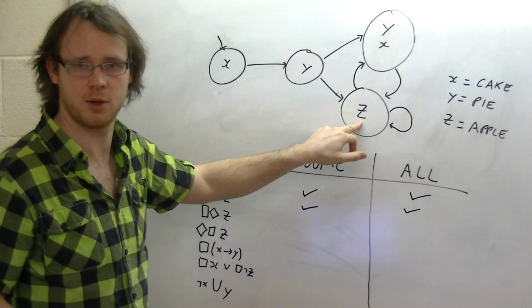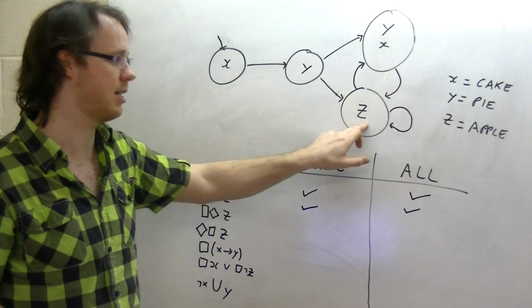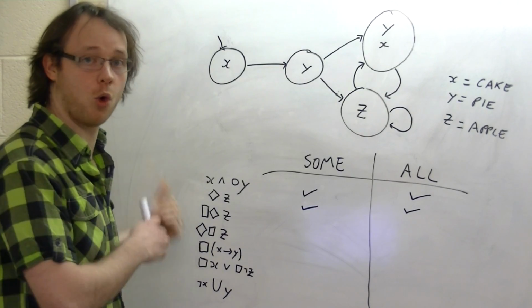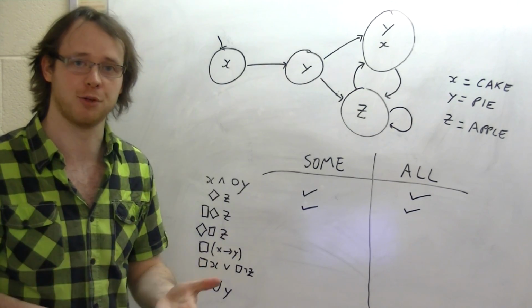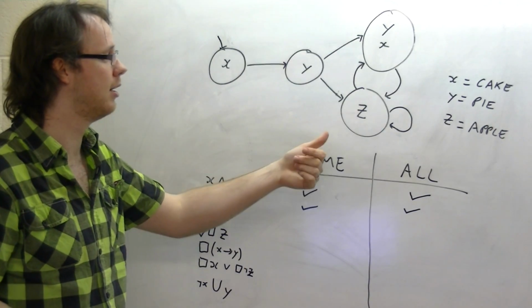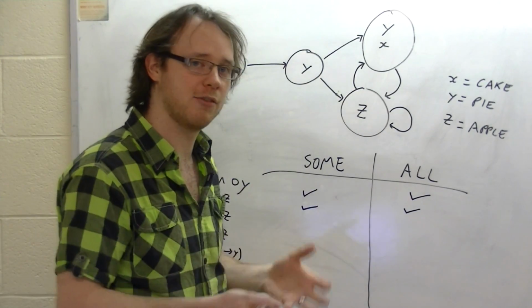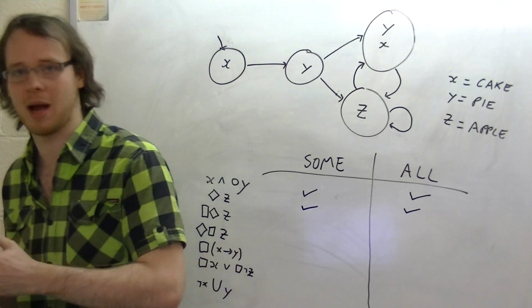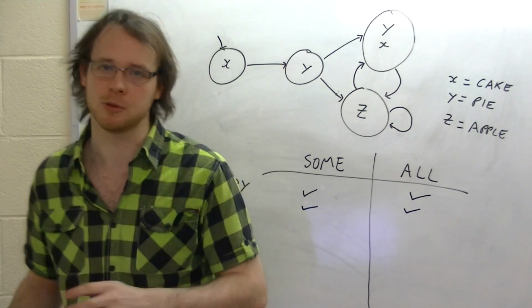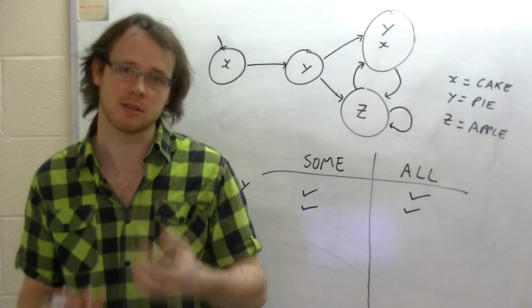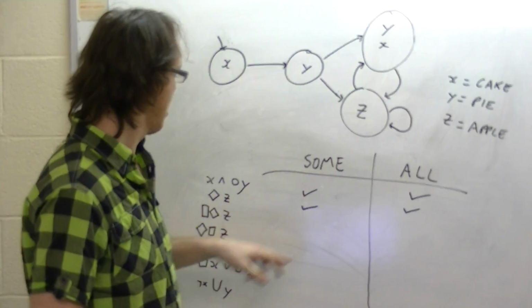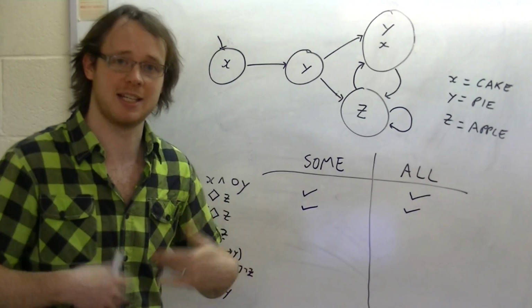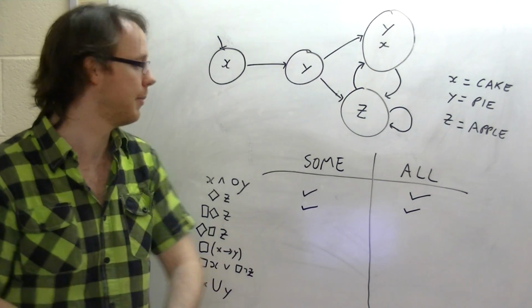So we're going to visit this state infinitely often, which means it's always the case that you'll eventually walk back into the apple room. We're either walking into our cake and pie room, eating some cake and pie, then going back for apples, or we just might sit there eating apples forever.